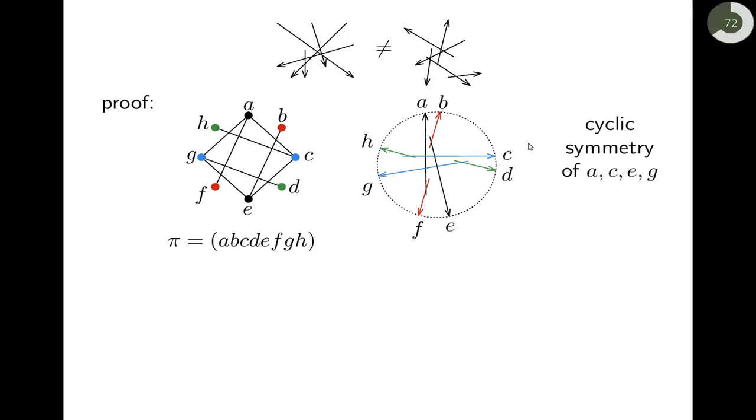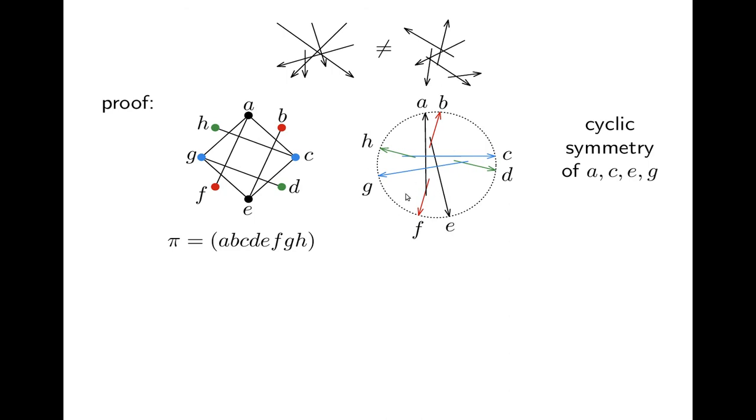In order to do this, I want to use this cyclic symmetry. You see that basically A and B play the same role as C and D, play the same role as E and F, play the same role as G and H. So this graph is highly symmetric.